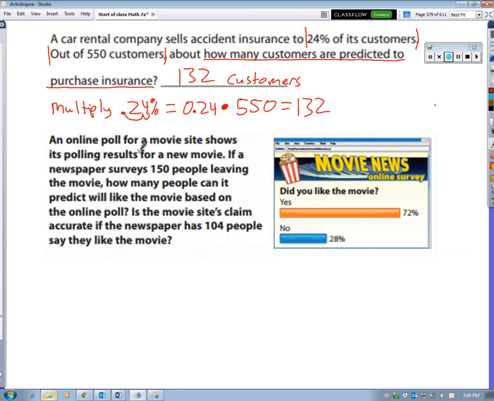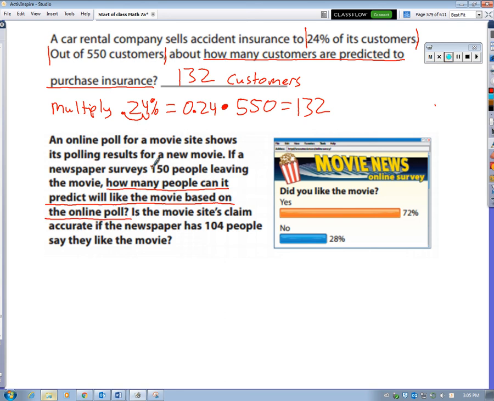Here we have an online poll for a movie site that shows its polling results for a new movie. If a newspaper surveys 150 people leaving the movie, how many people can it predict will like the movie based on the online poll?